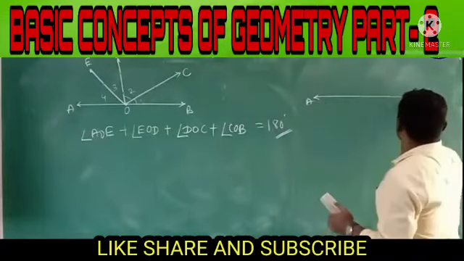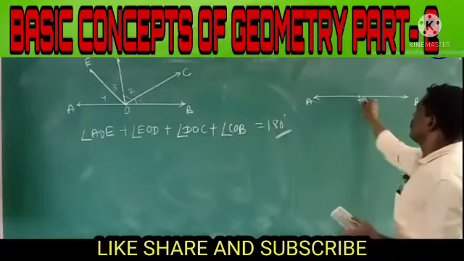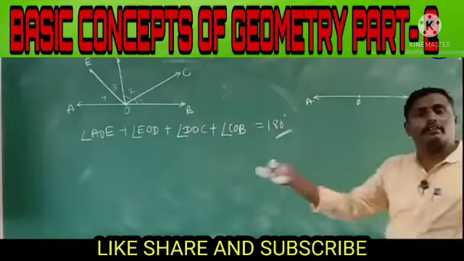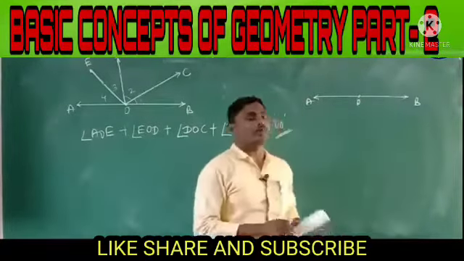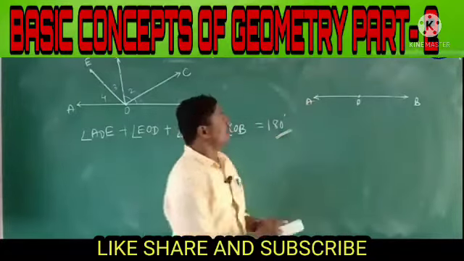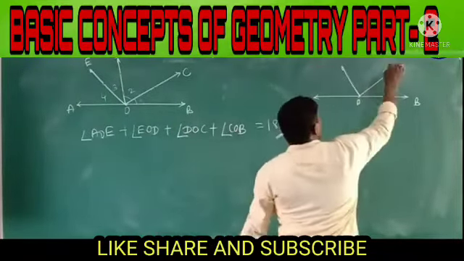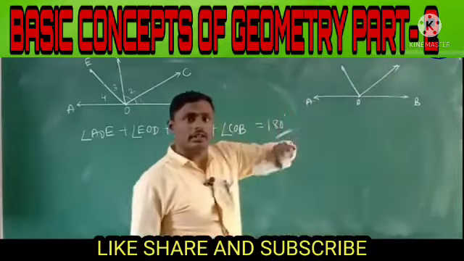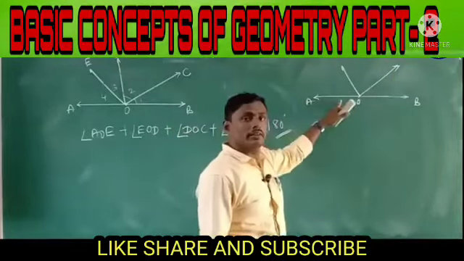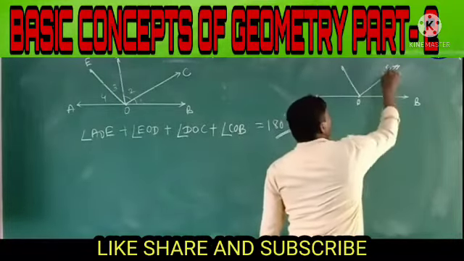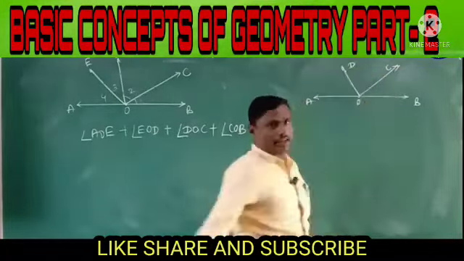AB is a straight line, and O is a point. From this point, two rays go in exactly opposite directions and form a straight line, right? As we have already discussed, the sum of all the angles on the same side of the line is equal to 180 degrees.